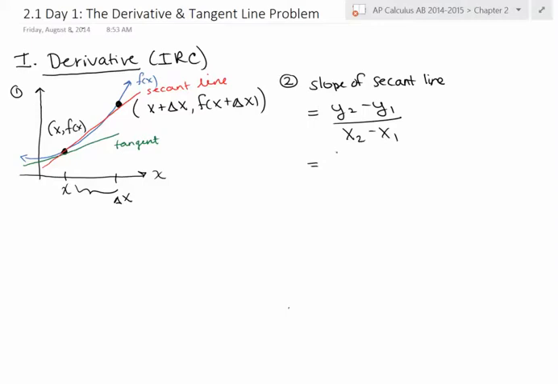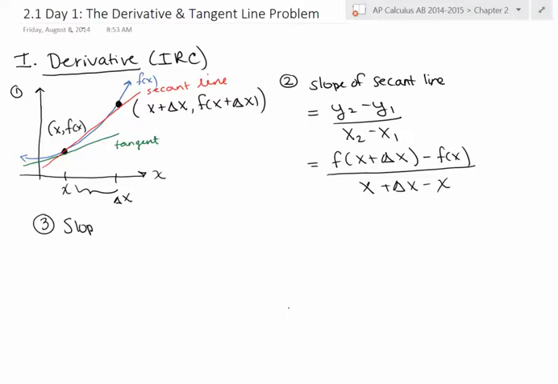If we use the ordered pairs from our graph, it's going to be f of x plus the change in x minus f of x all over x plus the change in x minus x. Okay, now when we think about the slope of this secant line, in order to find the slope of our tangent line, we know that the change in x needs to be approaching 0.